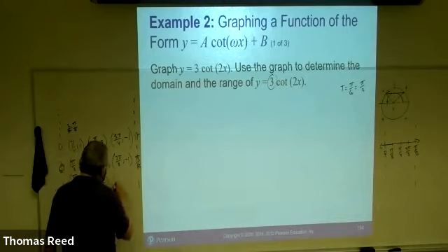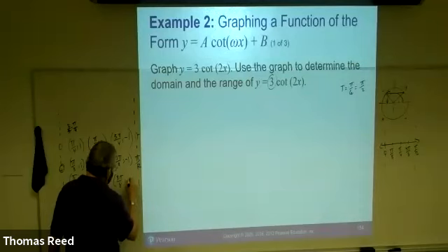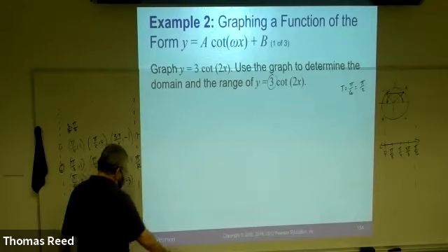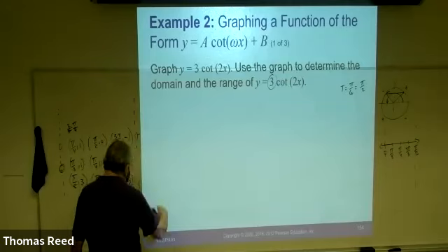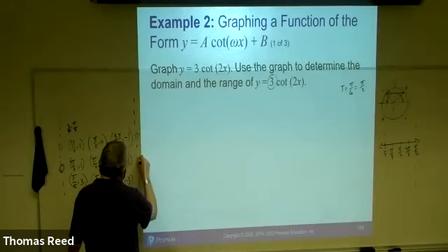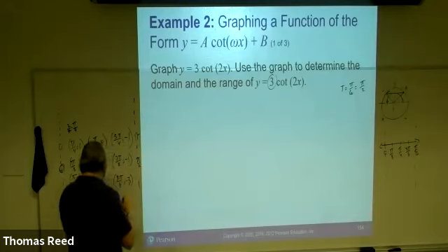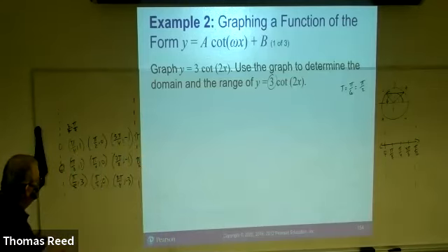And 3 times -1 is -3. And my asymptotes didn't change. Once I changed my period, the asymptotes become rigid.